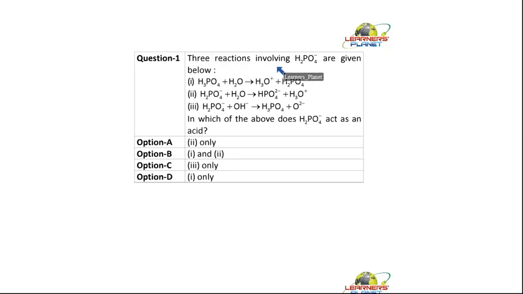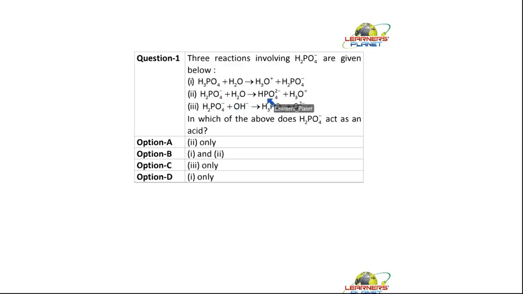Three reactions involving H2PO4 are given below. The first is H3PO4 plus H2O giving hydronium ion, H3O plus, and H2PO4 minus.